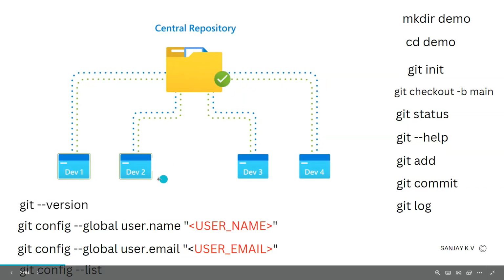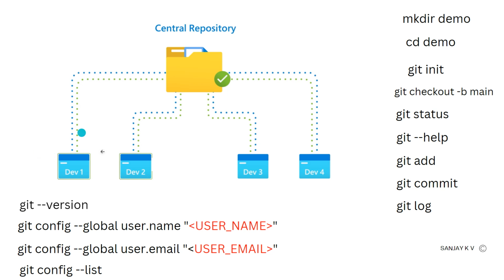Now Git will help you to collaborate. For example, there is developer 1, developer 2, developer 3 and 4, and all these developers make their own changes. They all work on the same files. This is the central repository over here. Each developer will create a fork of the central repository, which means a copy of it, and they will be working on that copy.